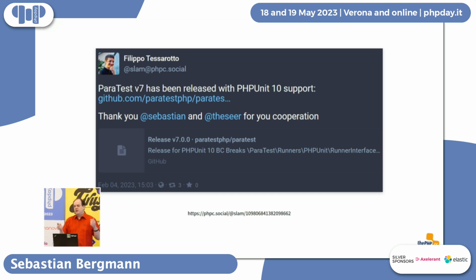And I was very happy because soon after the release, people like Filippo reached out and said, hey, Paratest version 7 has been released, works with PHPUnit 10. Same was true a little while later for ParaUnit.